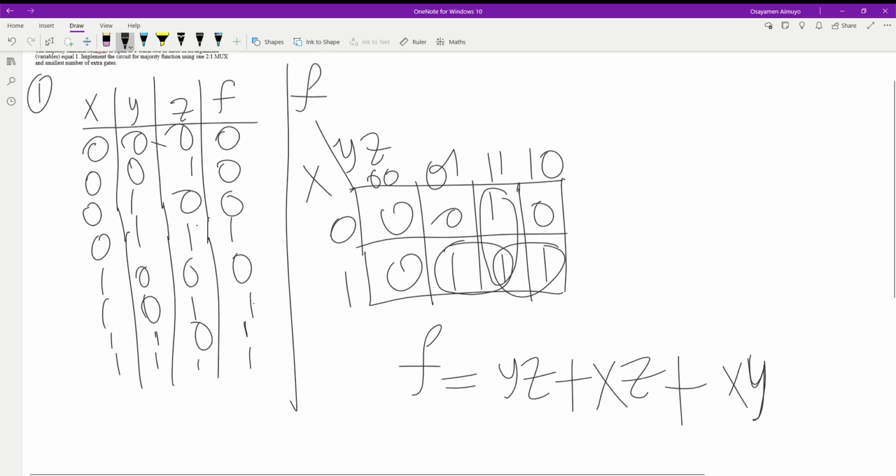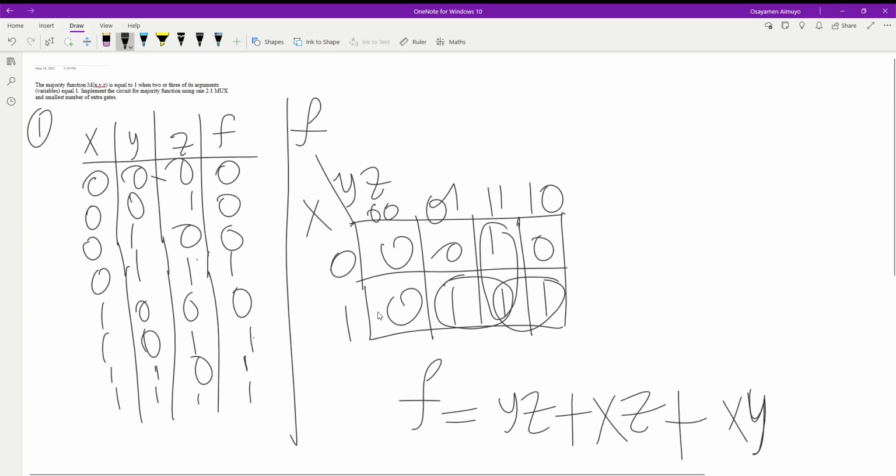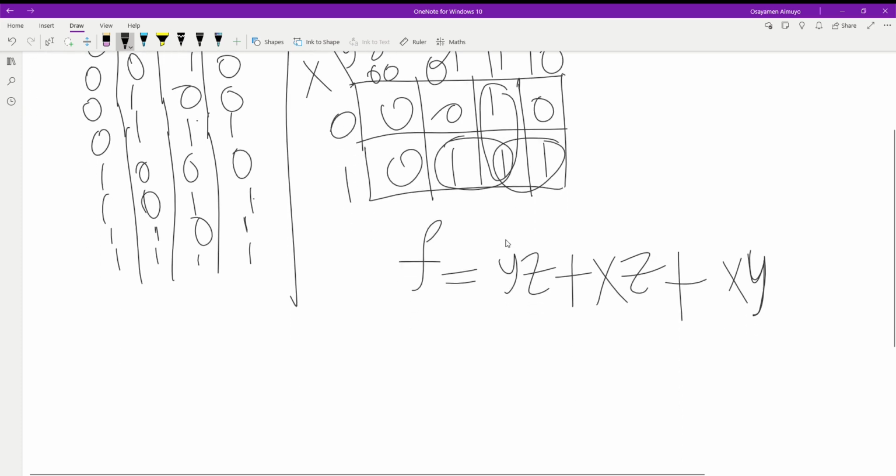Interesting. Let me just verify something very quickly. Yep, I missed something. 101. So we have 101. Okay, yeah, 101. That is correct. 110, 111, then 011.